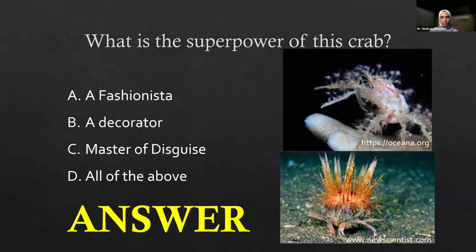Like in this one, he's putting a complete sea urchin on top of him, so he uses it as a defense on himself. And at times they put things on to camouflage with the environment so they cannot be seen. So this is a decorator crab.